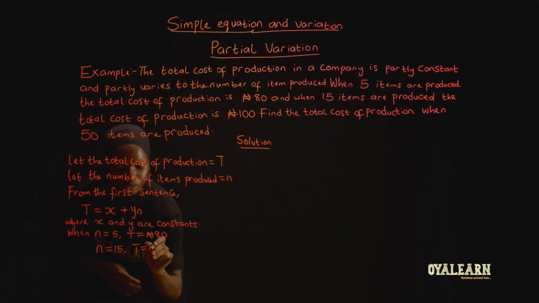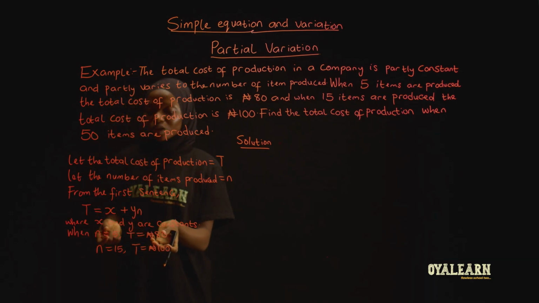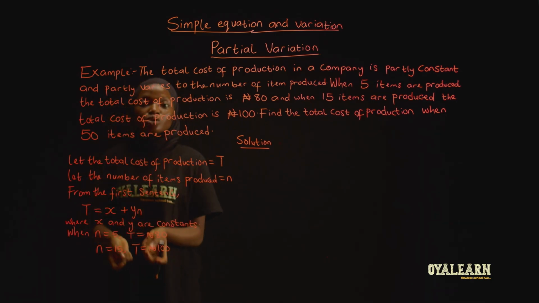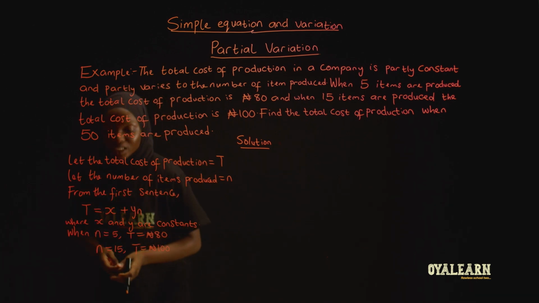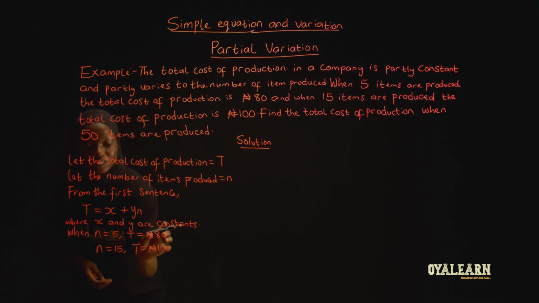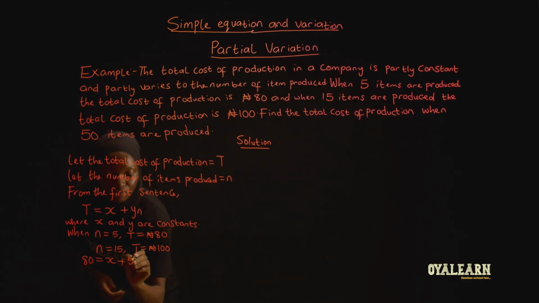T equals 100 naira. Now we substitute these values inside this equation to give us two different equations. That is, when N equals 5, T equals 80, we'll be having 80 equals X plus 5 times Y. We have 5Y, which gives us our equation 1.